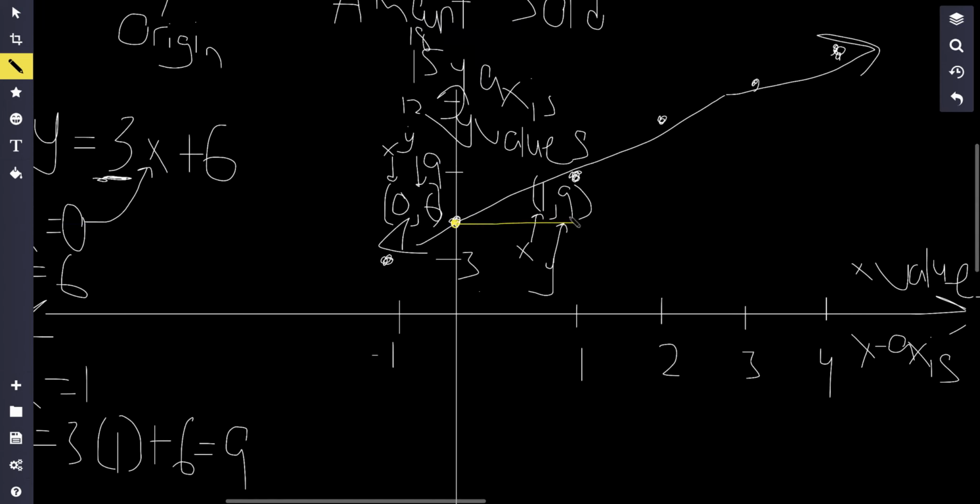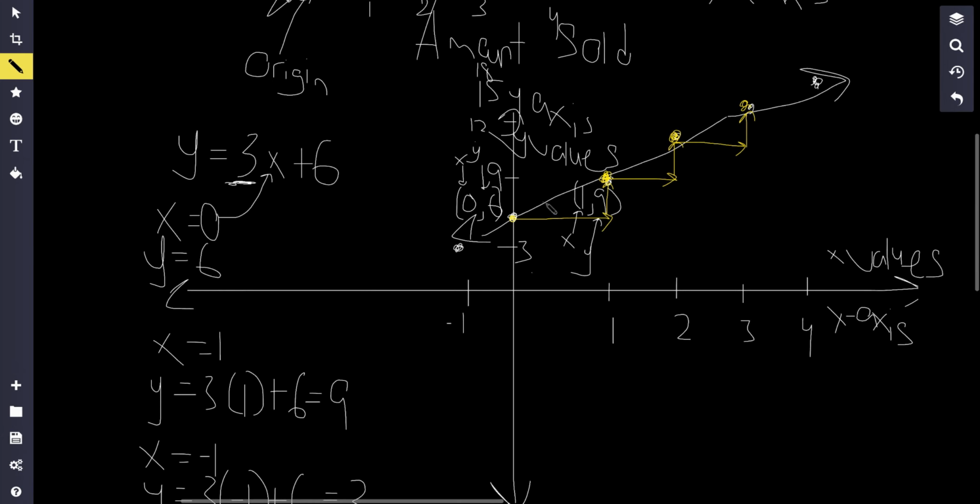Now, if I move 1 unit to the right and 3 units up, this gets me to 1 comma 9, which is the next point. And if I do the same thing, I move 1 unit to the right and 3 units up, I get to the next point, which is 2 comma 12. I move 1 unit to the right, I move 3 units up. That gets me to 3 comma 15, and so on.